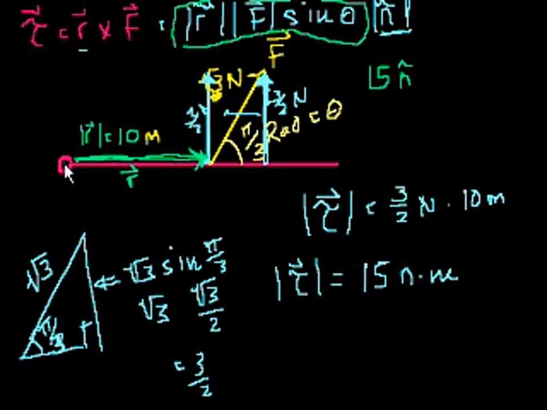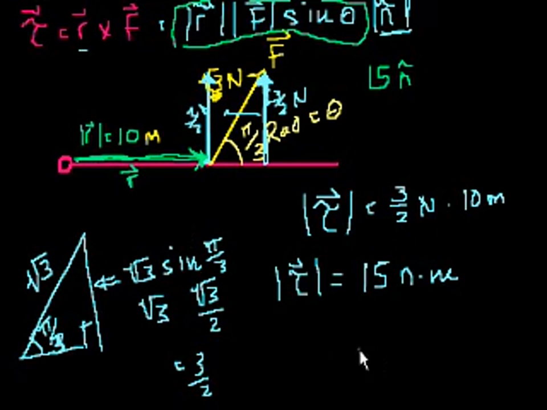And how do we figure out if that vector pops out or pops into the page? We use the right-hand rule, right? With the right-hand rule, R is our index finger, F is our middle finger, and whichever direction our thumb points in tells us the direction of the cross product. So let's draw it.